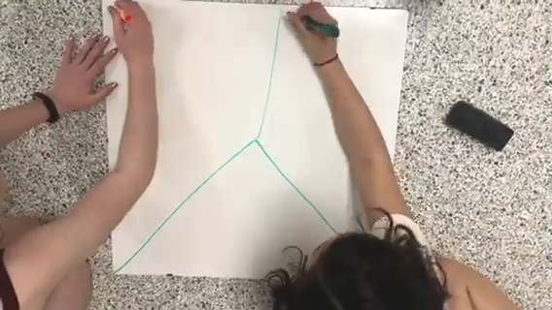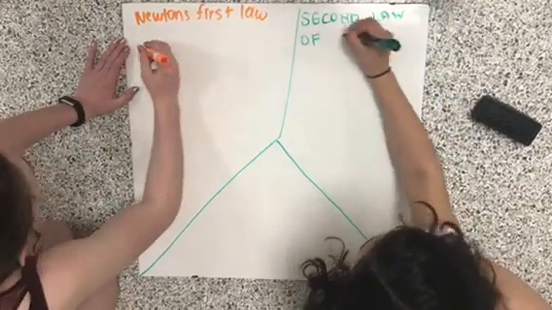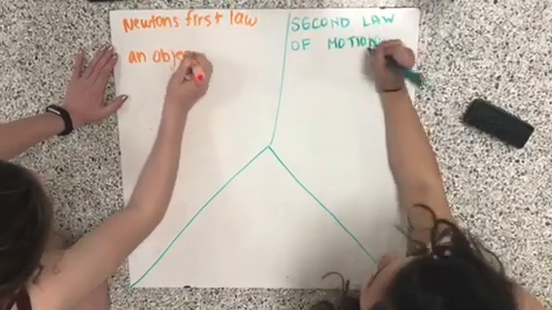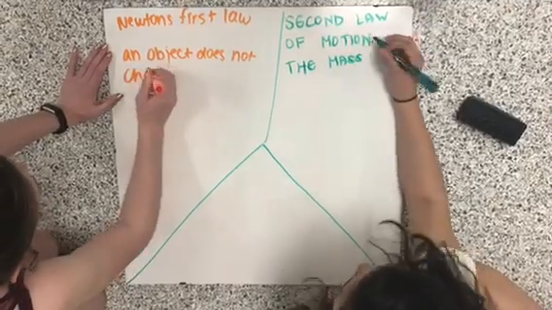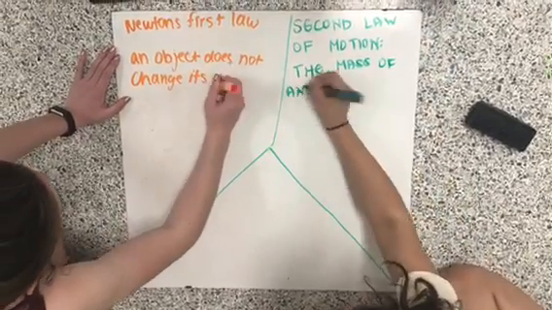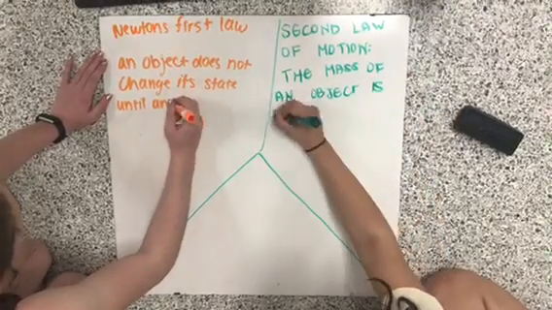In his book, Newton wrote that there were 3 laws of motion. The first law stated that an object does not change its state unless an exterior force is applied. His first law also says that an object at rest will remain at rest.